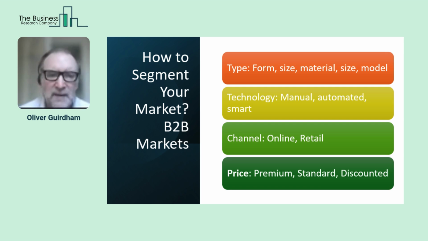Then there's the technology used, whether it's manual, automated, smart technology; the channel that it reaches you by, online, retail, different alternatives; and price: premium, standard, discounted. So there are many ways of breaking down the overall market size to make it more targeted and specific.